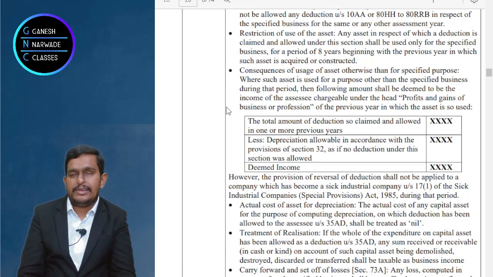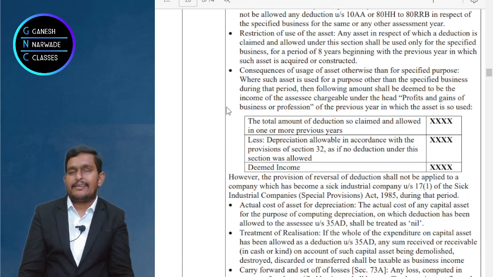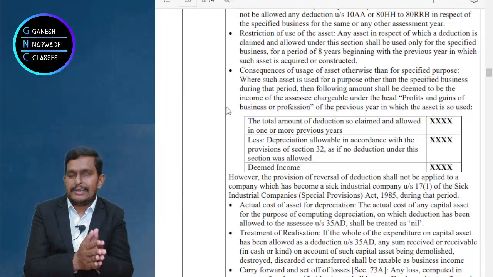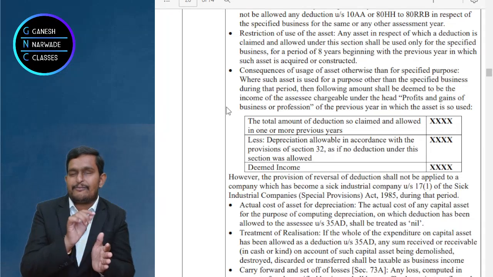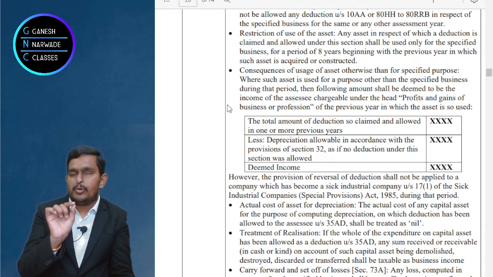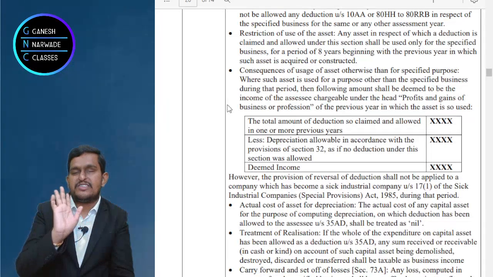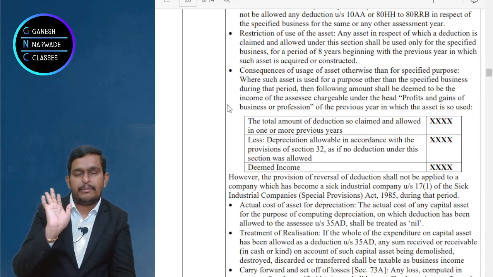Up to 8 years, if you claim a deduction under 35 AD, from the date of commencement till the next 8 years, you should use that asset only for specified business. After that you change the nature, no problem at all. You use the asset for other purposes, no problem.